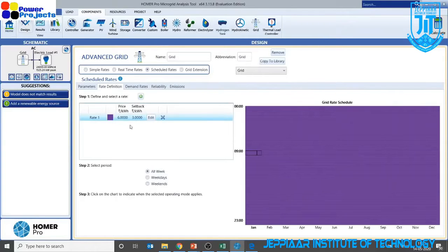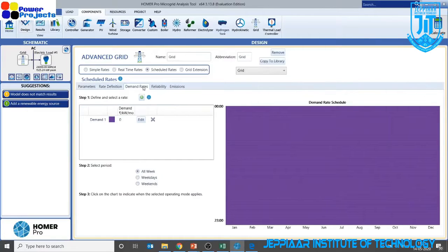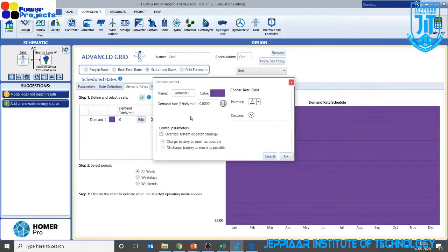This is only the price of energy, but there is something called demand charges. What is this demand charge? It is imposed by the utility on industry for their maximum demand. That means for the maximum demand the industry takes, what's the charge per kilowatt per month. Different Indian states have different values, but I'm assuming 500 rupees.